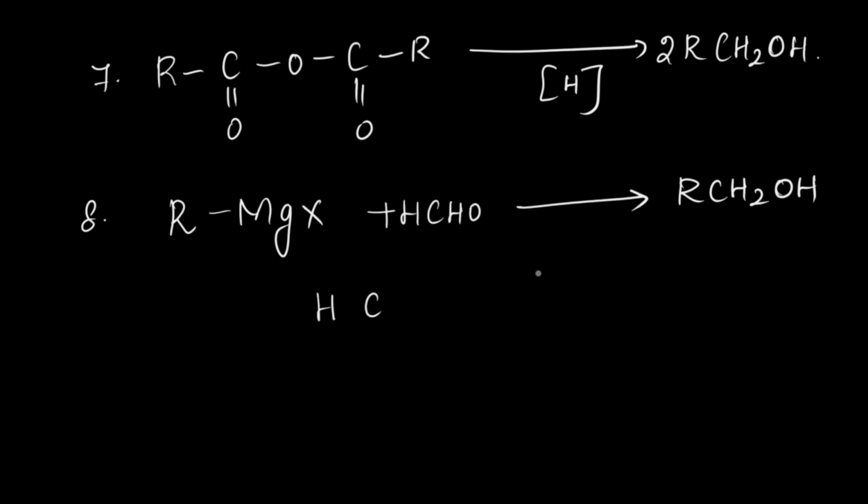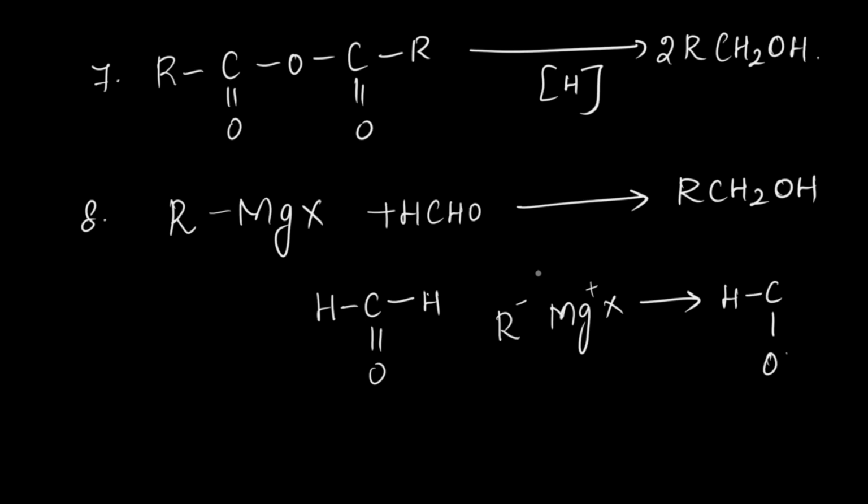You can take a carbonyl group like this. What will happen? RMgX, where magnesium is a metal, which is electropositive, then the R group. So R goes as R minus and magnesium becomes Mg plus. So it will get attached to the aldehyde like this, MgX, and then RH.